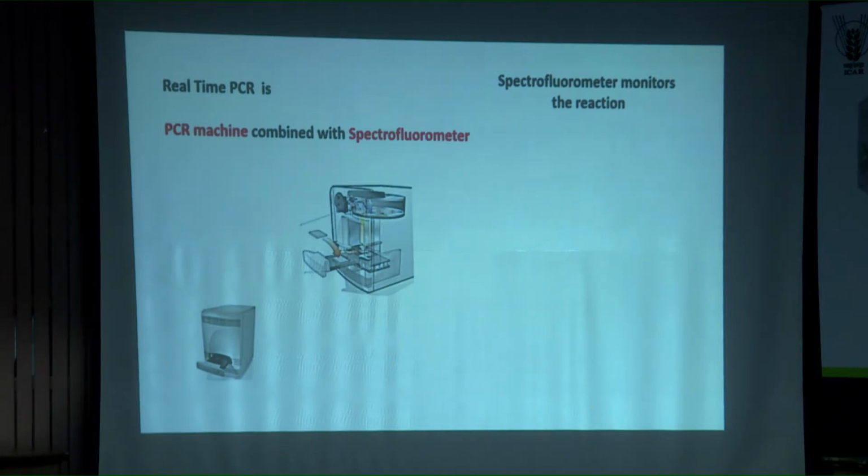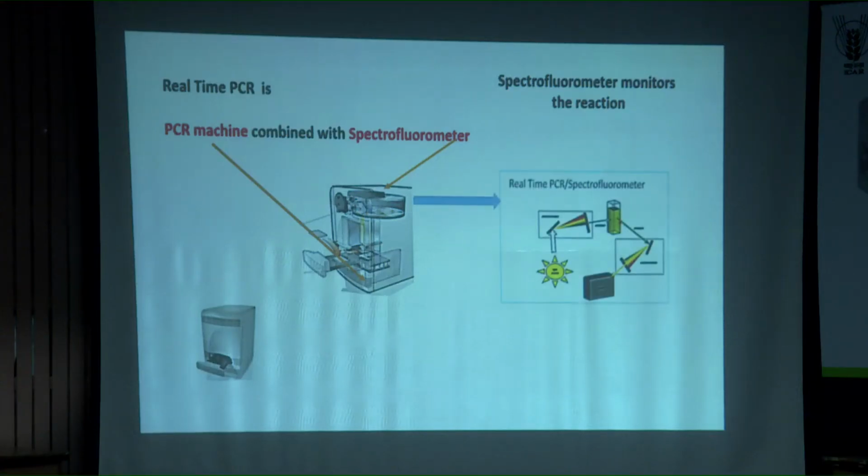And what this spectrofluorometer sees there is the fluorescence coming from the double-stranded DNA, right? The spectrofluorometer is kept on the top, and you have the PCR machine in the bottom, right? Something is sitting on the top and monitoring what's going on inside the tube. That exactly happens in qPCR machines, right? Always remember, it's typically a kind of spectrophotometer stuff here.